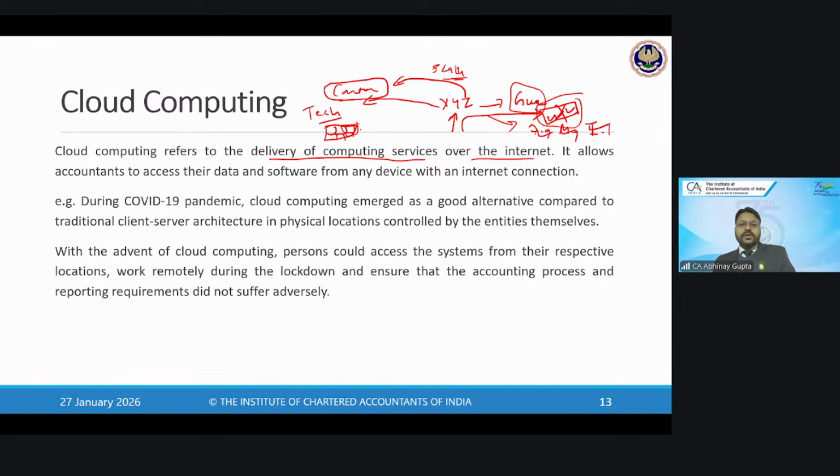Now on this server, whatever information is being processed by me is going to this server via the internet, yes or no? Yes, sir. Right?